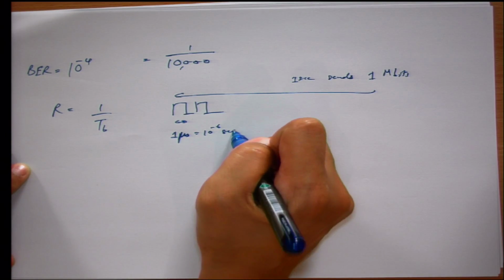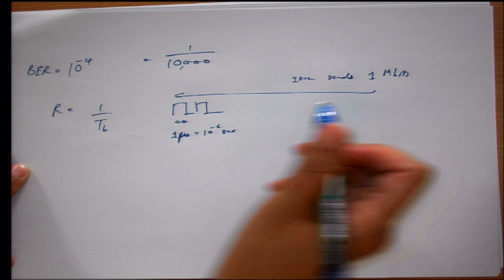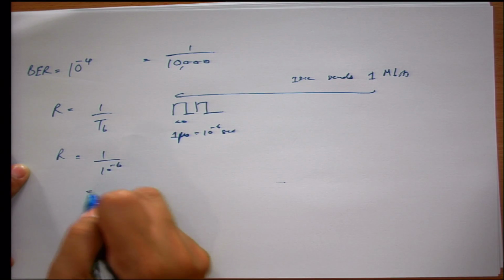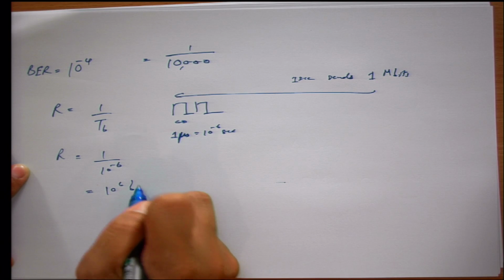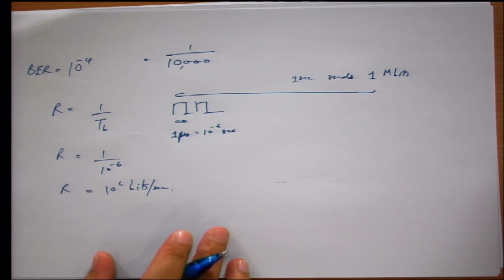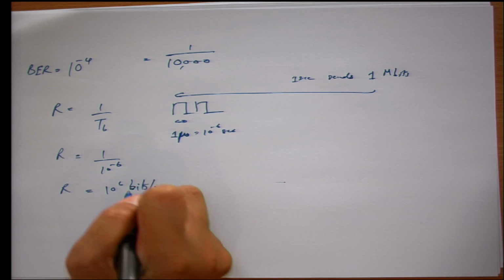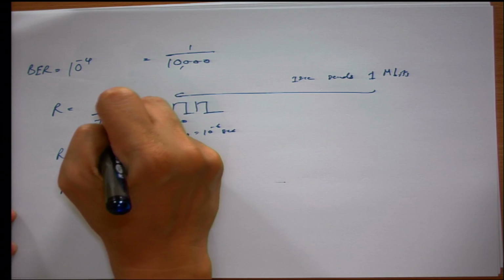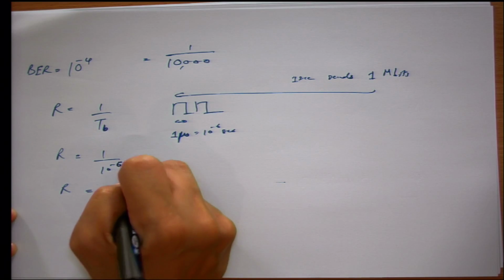Therefore, R equals 1 over 10 to the minus 6, equal to 10 to the 6 bits per second.